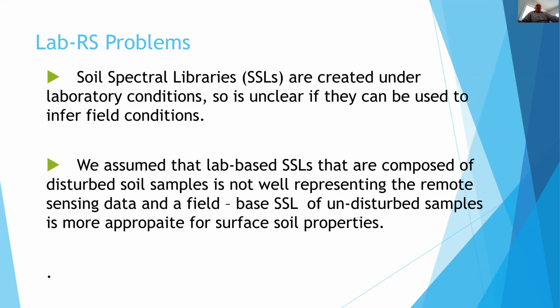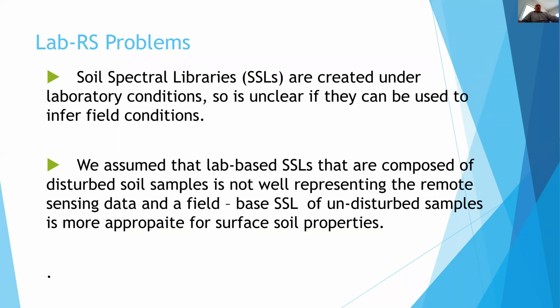Lab remote sensing problems. What we have today in the community of soil spectroscopy is that we have many soil spectral libraries all over the world, everybody creating his soil spectral library, but they are all built under very laboratory-controlled conditions, with a very strict protocol.